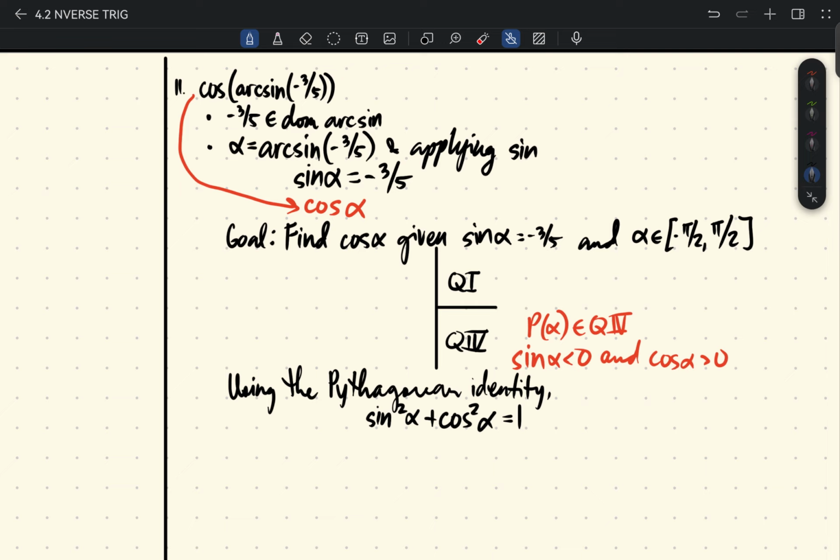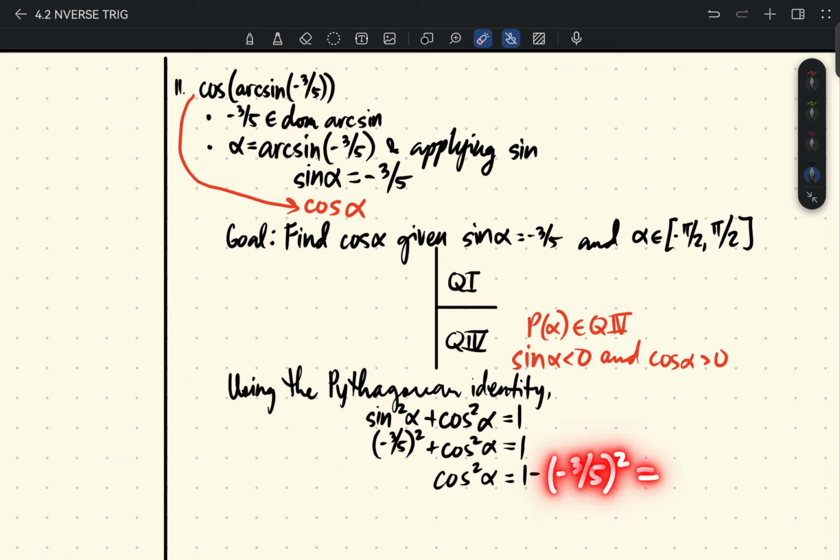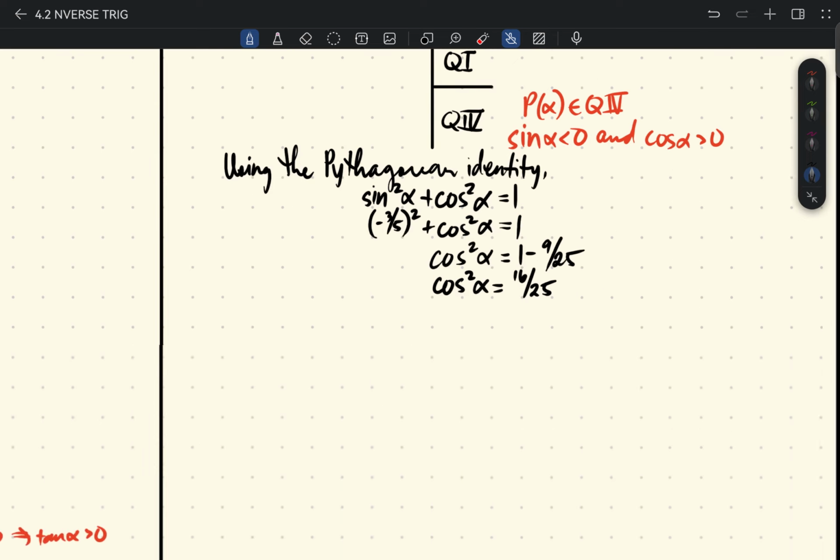First, let's plug in sine alpha. You have negative 3 over 5 squared plus cosine squared alpha equals 1, giving us cosine squared alpha equals 1 minus negative 3 over 5 squared, which is just 9 over 25. So minus 9 over 25, giving us cosine squared alpha equals 16 over 25.